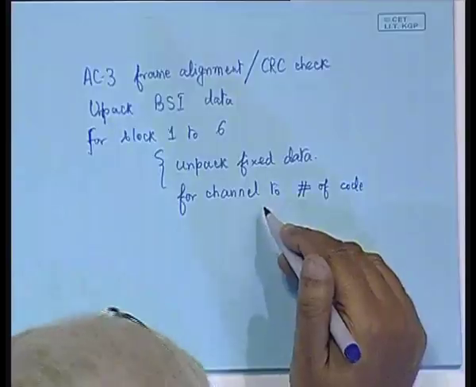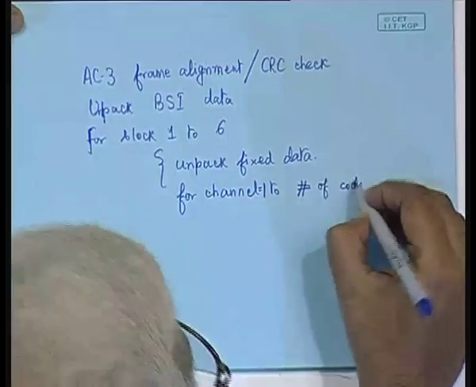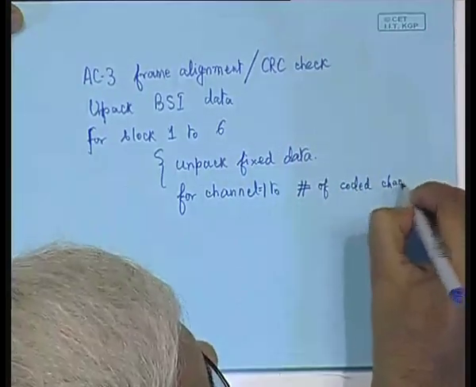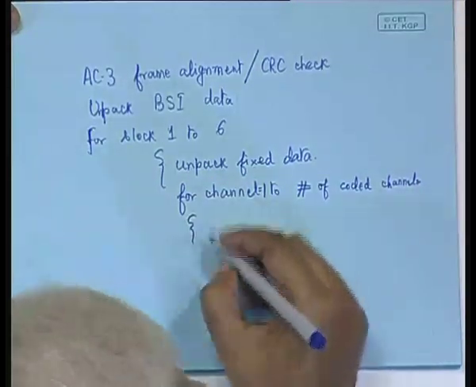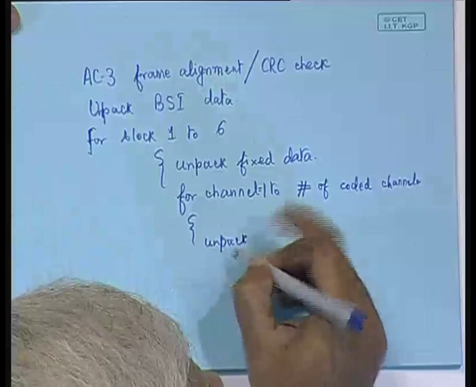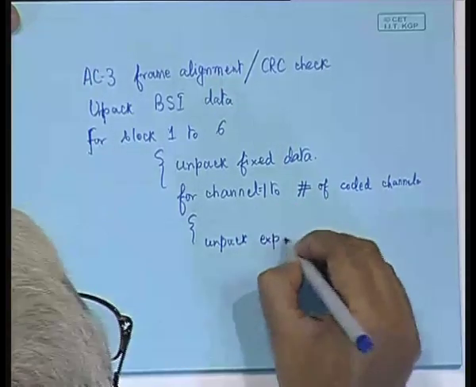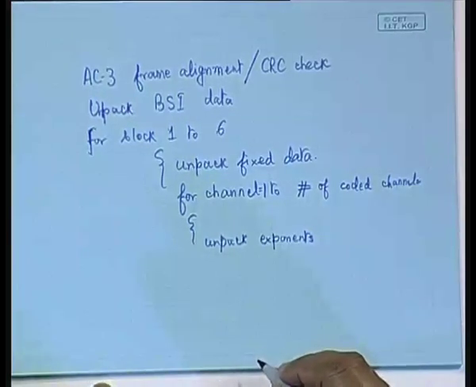So, for channel equal to 1 to the number of coded channels, what we have to do is to unpack the exponents, and these exponents basically correspond to each of the frequency components. Now, these frequency components belong to different bands.